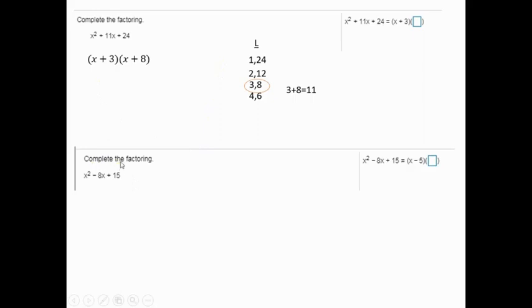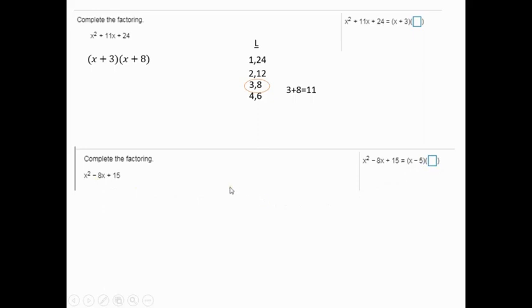Now let's look at the next one here, complete the factoring. Notice now we have a negative in front of the B and a positive in front of the C. Remember, that is the case where there's going to be two negatives in the factored binomials that we create when we factor this.